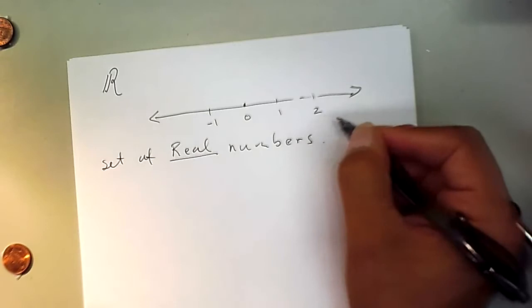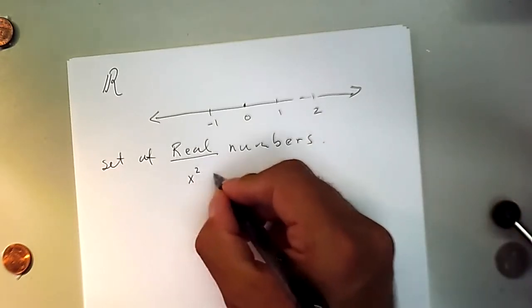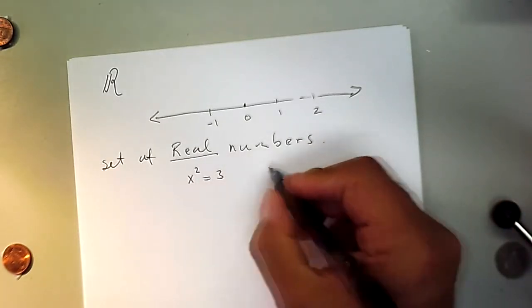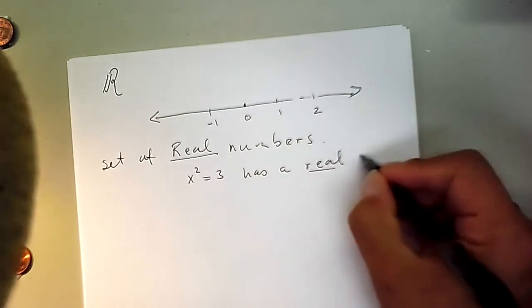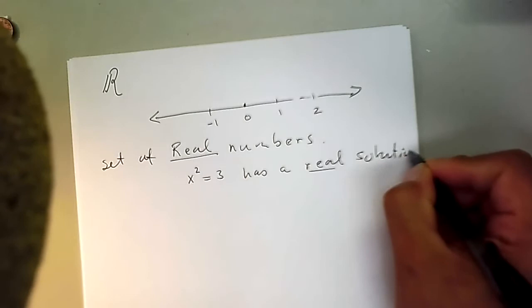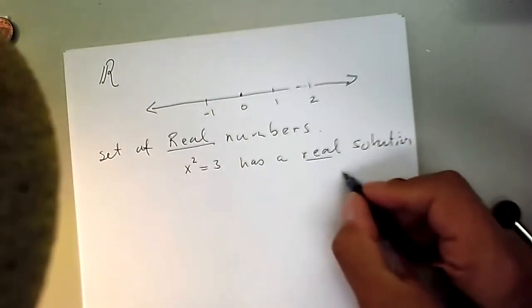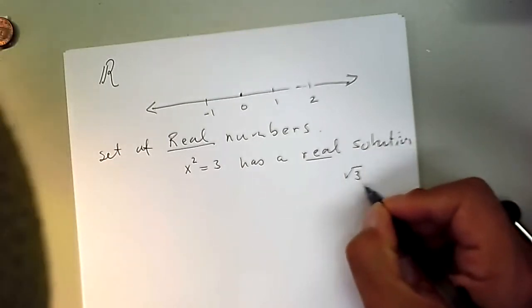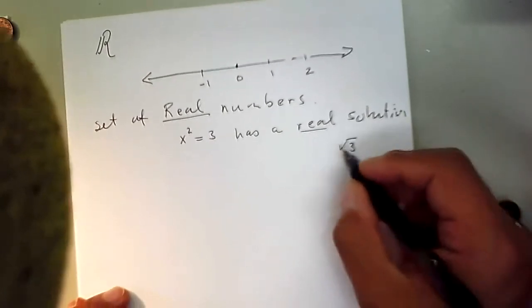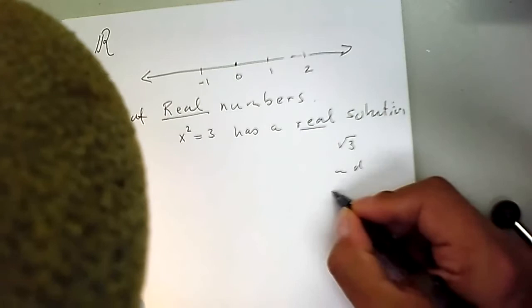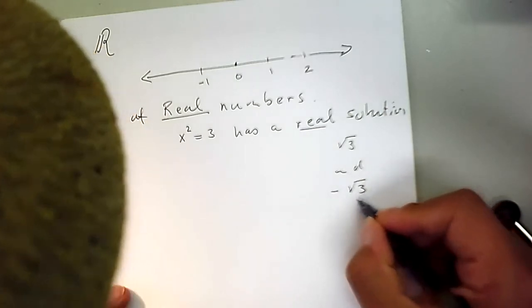And now we can solve this equation. X squared equals 3 has a real solution, and the solution is the square root of 3. Actually, there's more than one solution because negative square root of 3 also works, the opposite of the square root of 3.